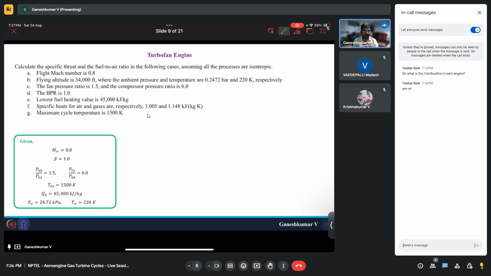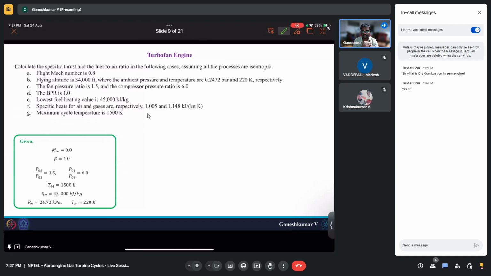The lower heating value corresponds to the real heating value, where once you combust the fuel, if you don't allow the H2O or moisture present in the product gases to condense, the heat release that you get is the lower heating value. And if you allow the H2O to condense, since it condenses, it releases some more heat. If you add that heat to this, then it becomes the higher heating value. That's the difference between these two.